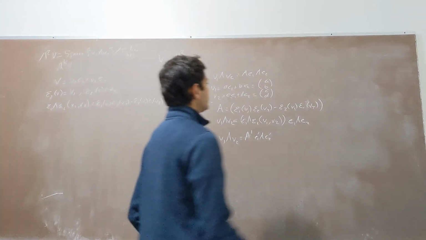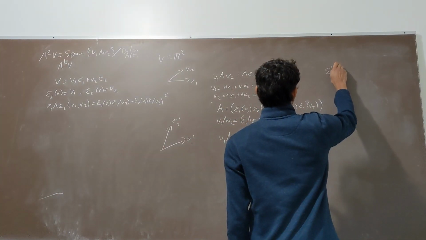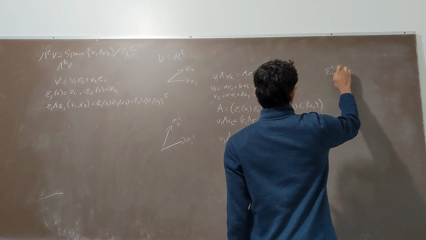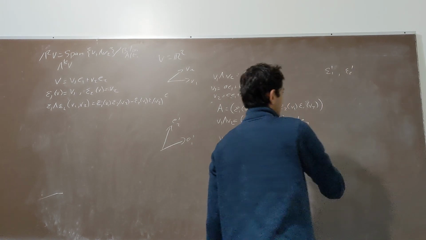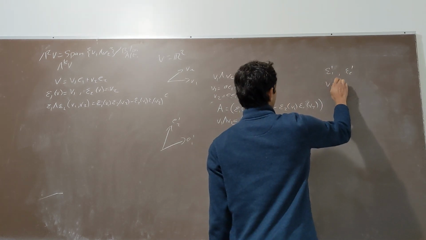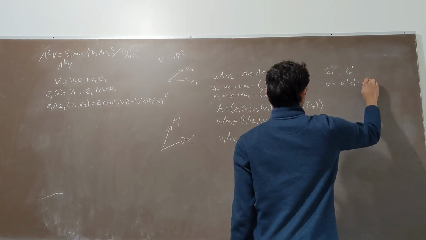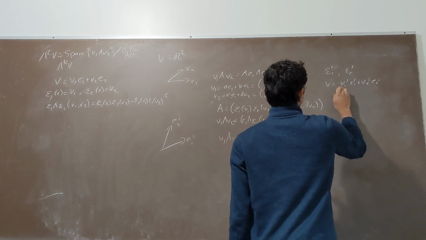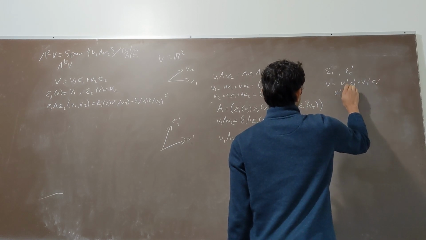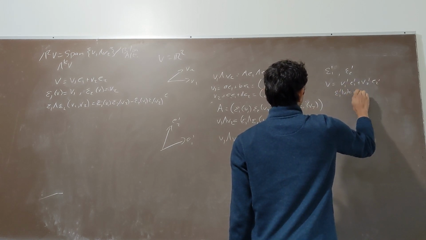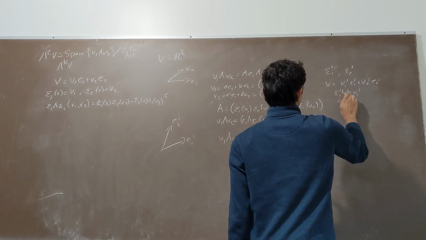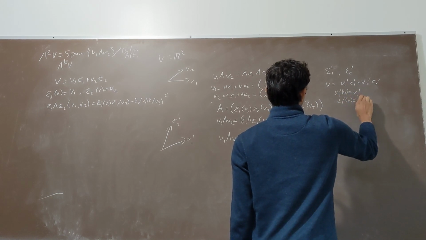And we'll define two new functions now, epsilon 1 prime and epsilon 2 prime. And the way that these work is if a vector v is equal to v1 prime e1 prime plus v2 prime e2 prime, then epsilon 1 prime of v is equal to v1 prime, and epsilon 2 prime of v is equal to v2 prime.